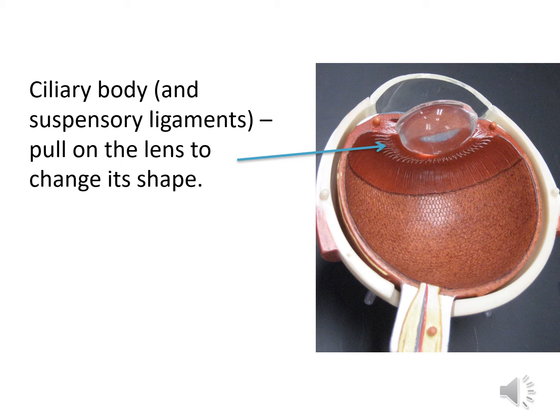If the ciliary body and the suspensory ligaments aren't pulling, well, then there's not as much tension, and the lens can be a little fatter so that you would see things up close. Yeah, well, non-science major stuff. We pull on the lens to change its shape, and we're not really going to mention exactly how it does that.